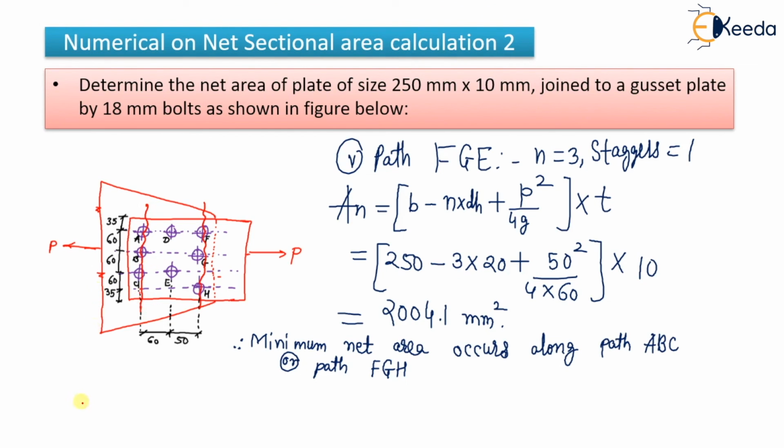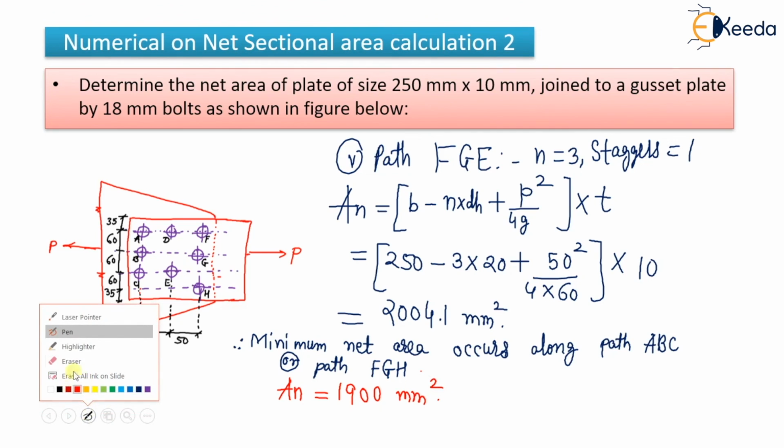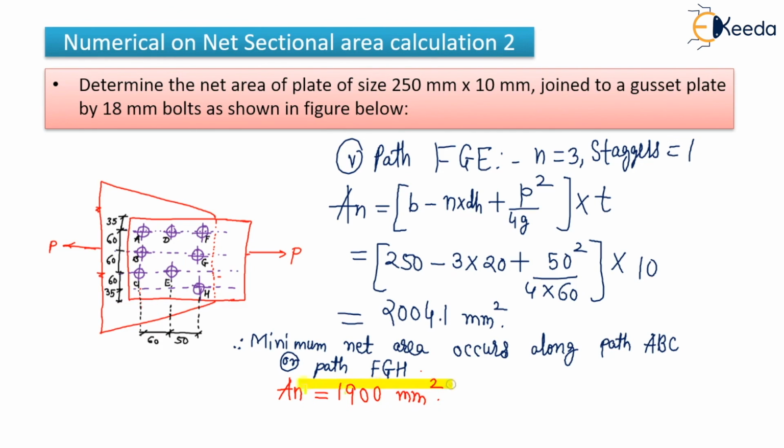It is one and the same. So these two paths are possible and they have the minimum net area. How much is it? AN is equal to the final net area, I am writing here, 1900 mm square. In this way you can calculate the net area, and even in the exam you can highlight this as your minimum net area.